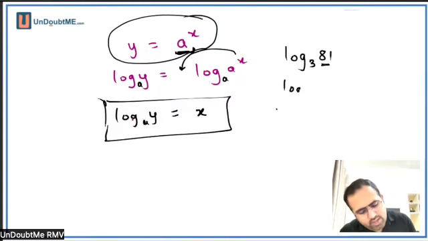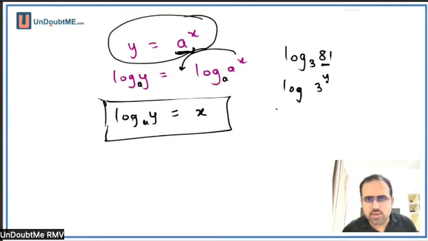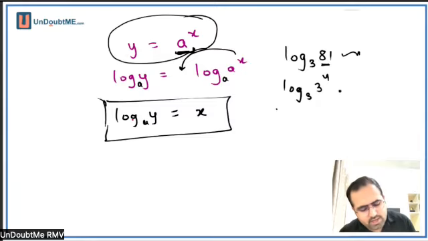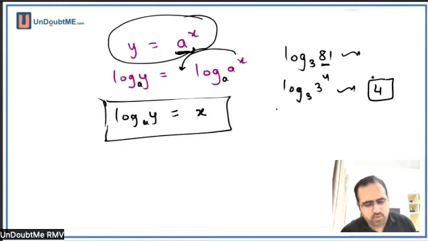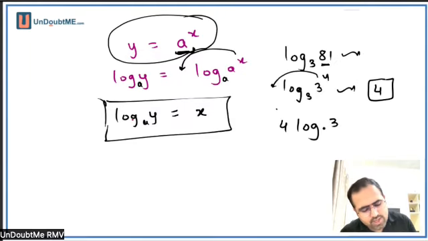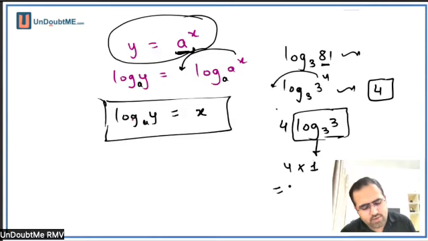So I can write 81 as 3 to the power 4, because 3 into 3 into 3 into 3 is 81, and the base is 3. So the value for that will be 4. How 4? Because this 4 will come in front, so it will be 4 log 3 to the base 3. Log 3 to the base 3 is 1, and the answer will be 4.